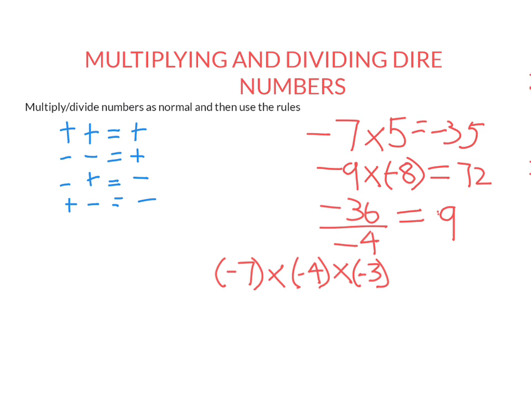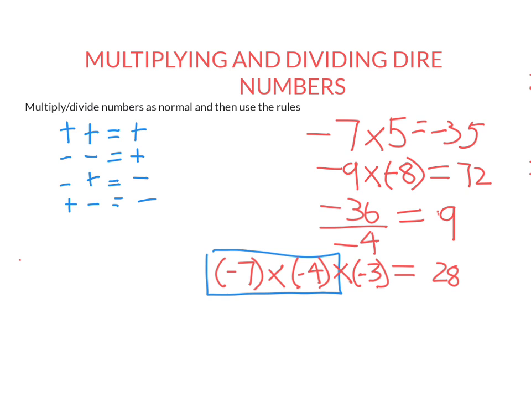How would I do something like this? Minus 7 times minus 4 times minus 3. What I would do is do the first two separately, get my answer, and then times by the third one. To do minus 7 times minus 4, I'm just going to go 7 times 4, which is 28. Negative times a negative, my answer is positive. So minus 7 times minus 4 is positive 28.